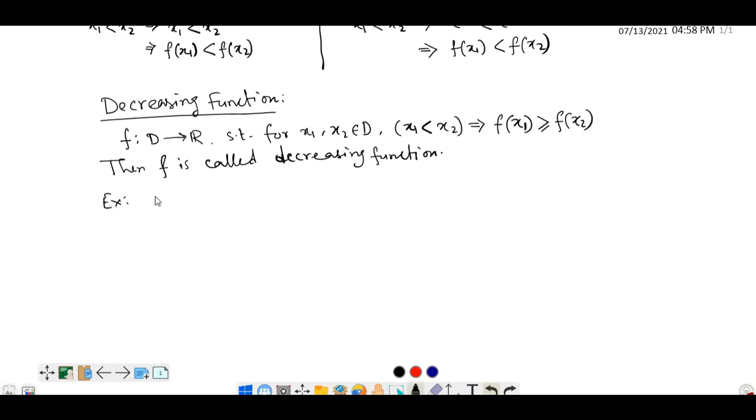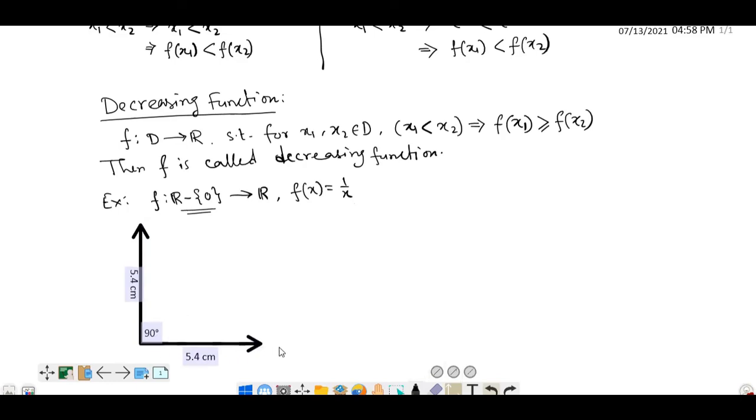Suppose I'm taking f from R minus 0 to R. The function I'm defining as f(x) is equal to 1 by x. See why I've taken R minus 0, because at the point 0 it is not defined. So if you see the graph of this, say this is the x-axis and this is the y-axis, and here it is the origin.